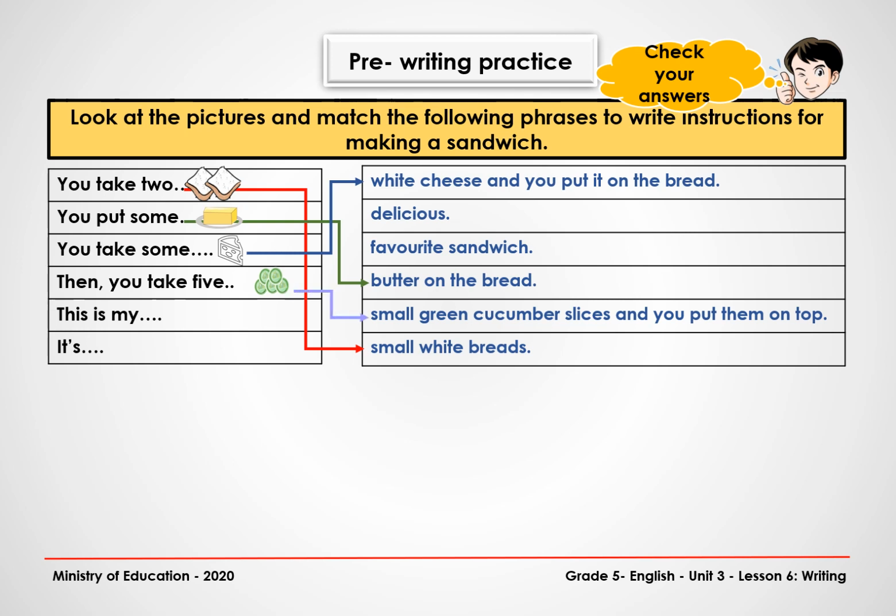Then you take 5 small green cucumber slices and you put them on top. This is my favorite sandwich. It's delicious. So you write the instructions using you take, you put, and of course you use the adjectives, and at the end you have to write an ending.